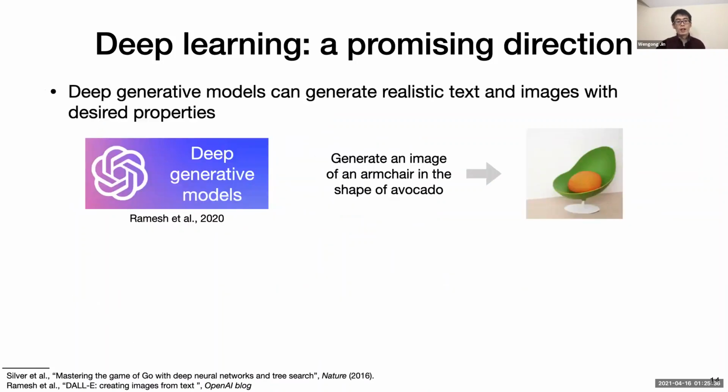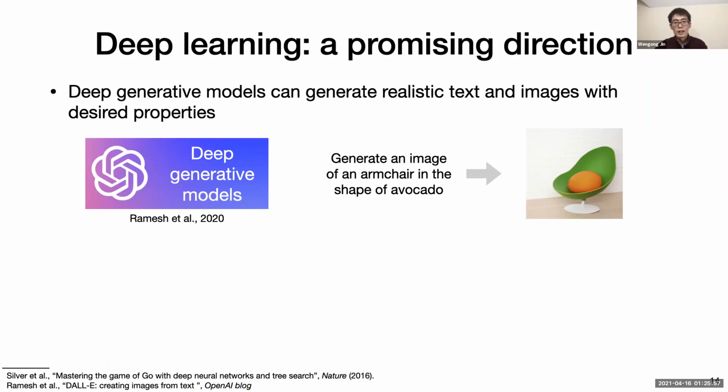On the other hand, if you look at the de novo drug design problem, it's traditionally based on hand-designed rules. But in deep learning, there's a type of model called deep generative models, which can generate realistic complex objects, right? Like images or text.